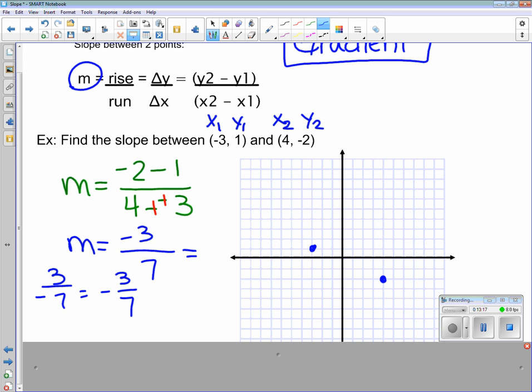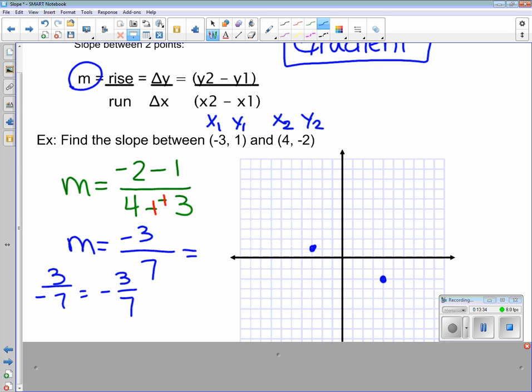The one on the left, the one on the right? It doesn't matter. Find one that's your friend. I like the one on the left because I'm a quadrant 2 fan. So let's start with the one on the left.